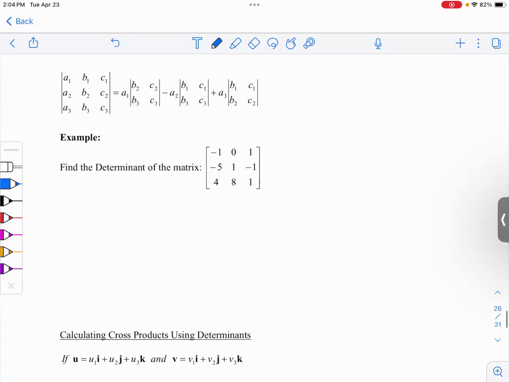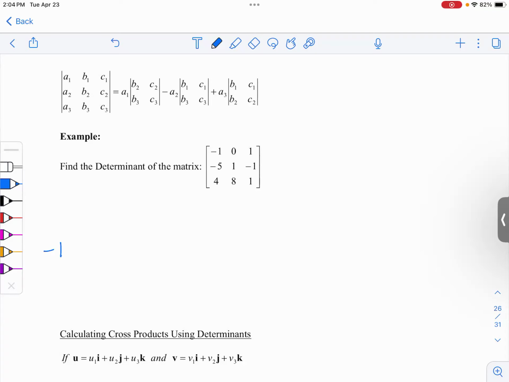And determinants also have a nice property. So this was going down the row, but technically you could pick any row or column as long as you do it all the way across. And because of how cross products with vectors work, I'm going to go across the top row. So that means I'm going to start with -1.